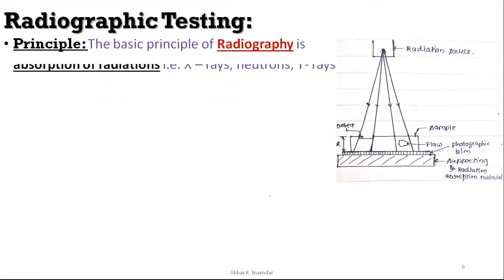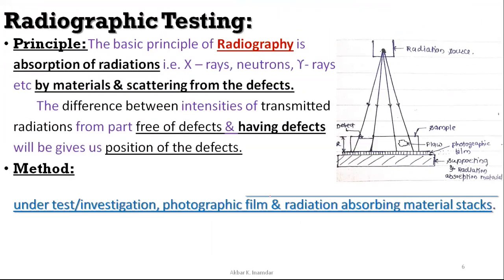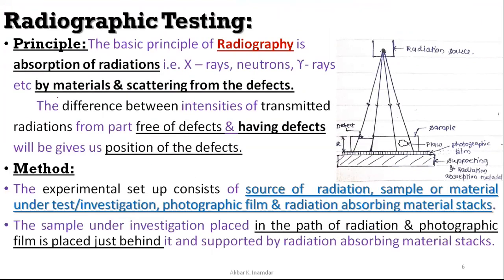Next is the radiographic test. The radiographic test is based on a very simple principle: absorption of radiation, like X-ray, gamma ray, neutron, electron. Such radiation is always absorbed by the material and scattered from the defects.